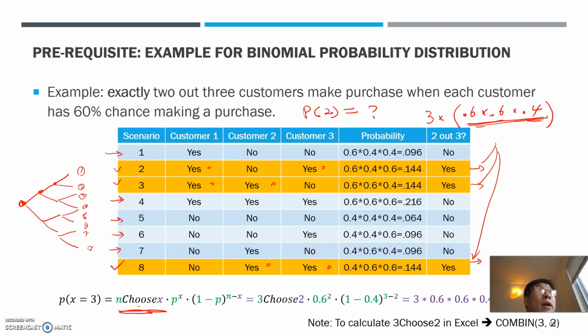This is the binomial coefficient, 3 choose 2 here. Exactly 3 scenarios like that will happen, and if you think about this closely, this is nothing but this: the probability of success raised to the number of success events we'd like to observe, times the probability of failure raised to the number of failure events we'd like to observe.